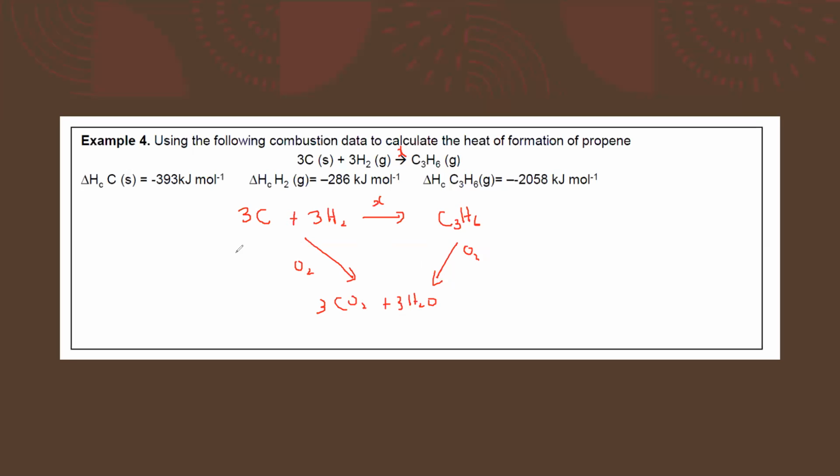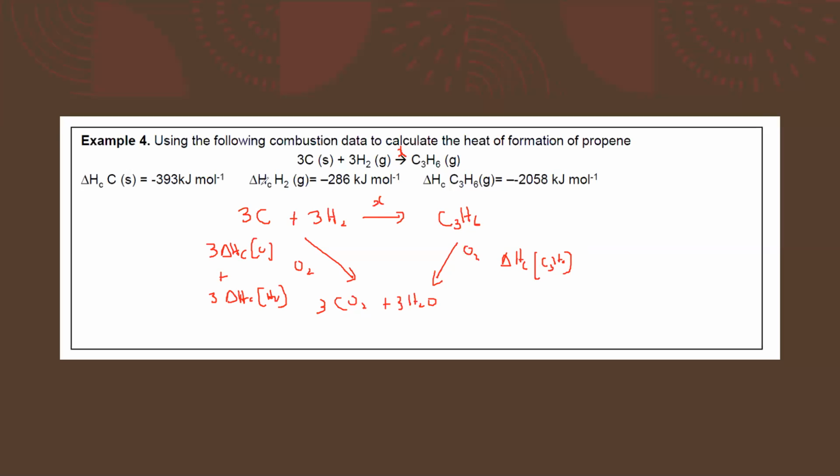So we are burning 3 moles of carbon. So this will be the standard enthalpy change of combustion of carbon plus 3 times the standard enthalpy change of combustion of hydrogen. And here we are only burning 1 mole, so this will be the standard enthalpy change of combustion of C3H6.